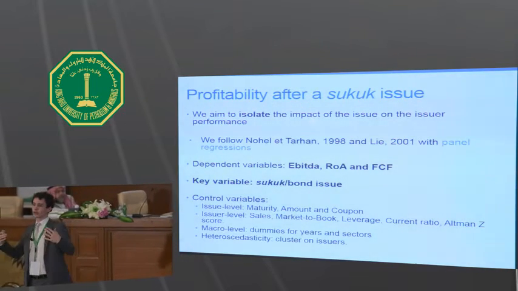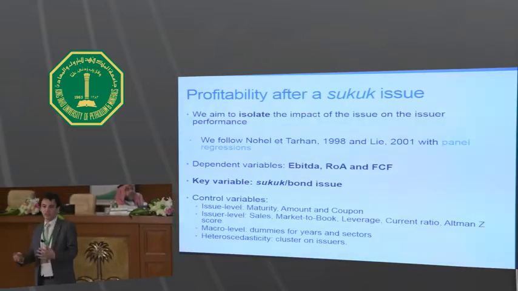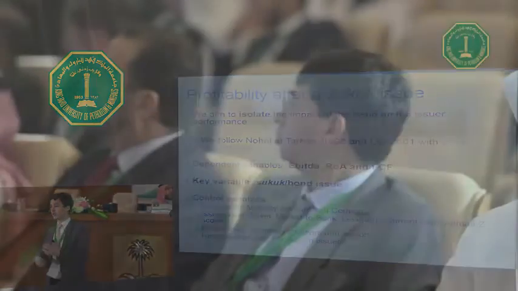So if you issue a Sukuk, it's 1. If you issue a bond, it's 0. And we control, because you are working on residuals, so you have to control for lots of things that may impact this difference of performance. So here, issue level controls, macro level controls, heteroscedasticity, and so on.